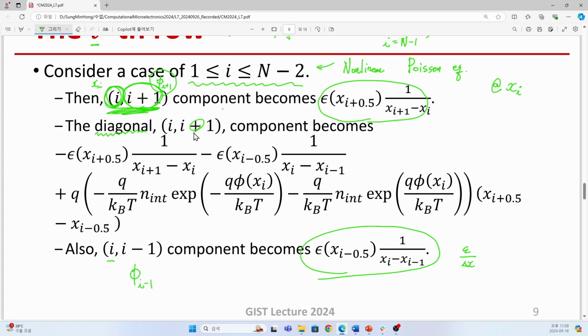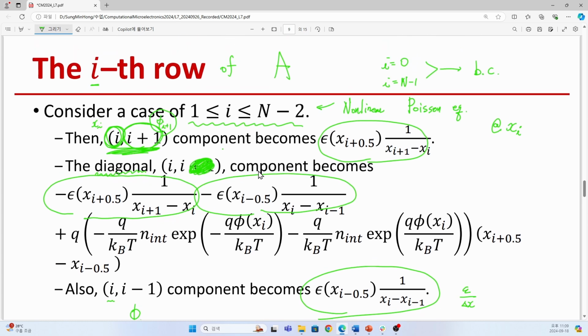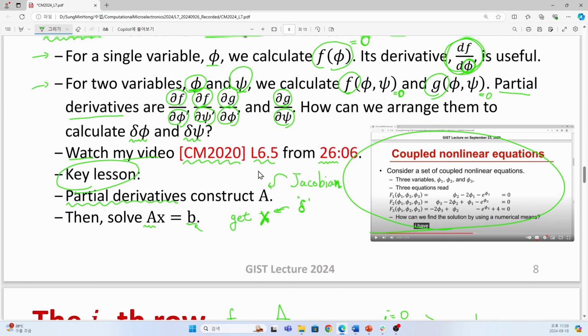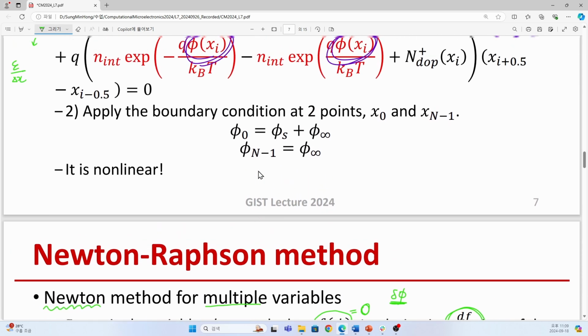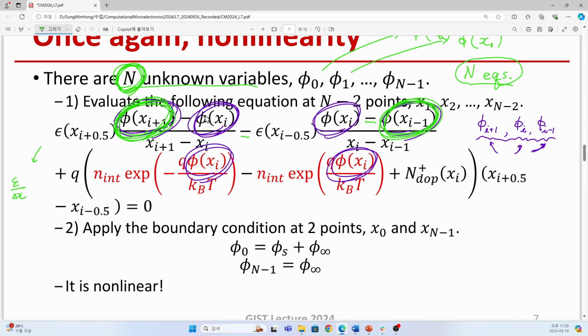Now, the important one is the diagonal component. Oh, sorry about that, I made a mistake. So this is the diagonal component. And for this diagonal component, things become a little bit more complicated. Of course, the first two terms come from the spatial derivatives, yes, these and that.